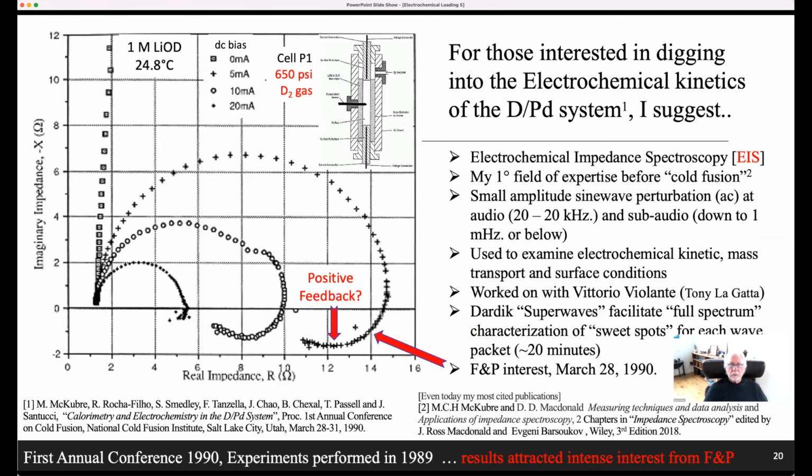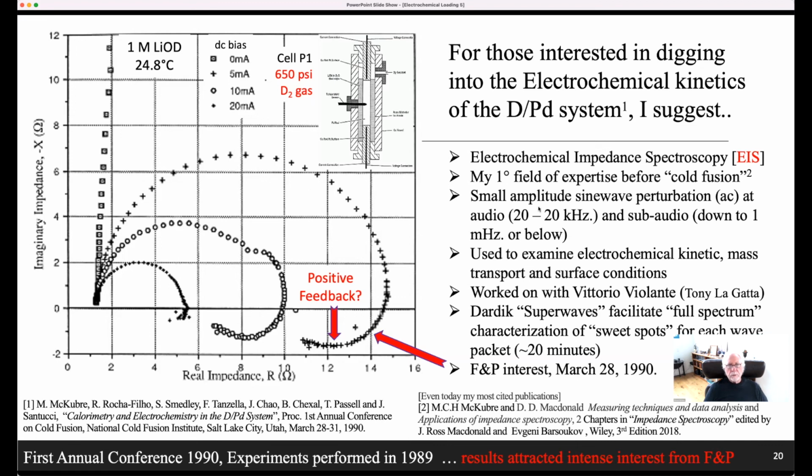For those who are still with me and interested in digging into electrochemical kinetics of the DPD system, I suggest electrochemical impedance spectroscopy. This was my primary field of expertise before March 23rd, 1989, and still my most cited publications.